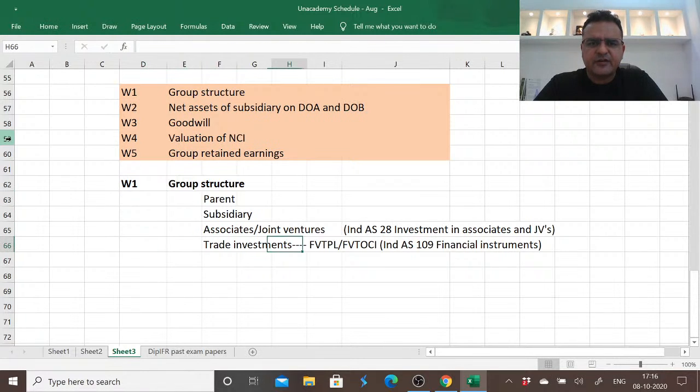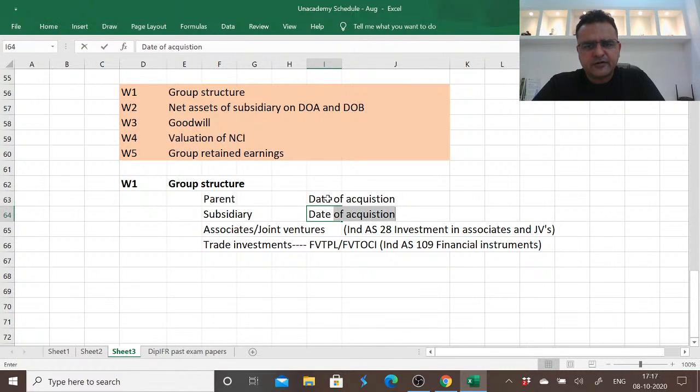We should clearly identify the group structure. Once we have identified it, we should clearly mention the date of acquisition and the date of balance sheet, so that we know since when we can include post-acquisition earnings.